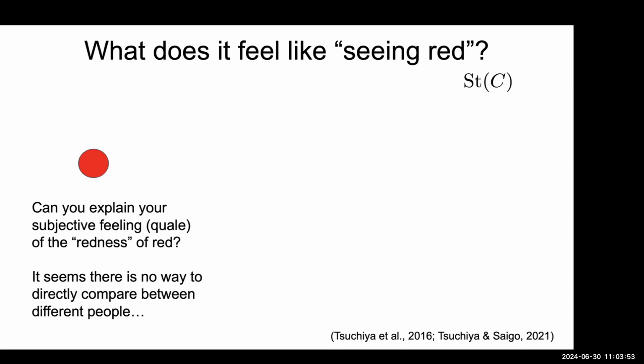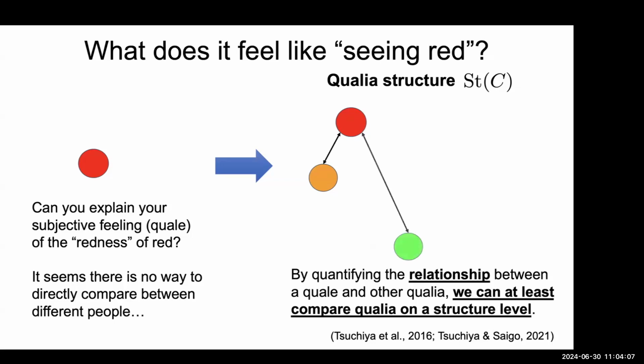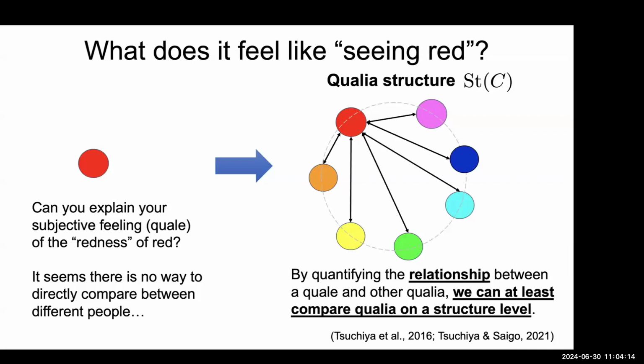But as I mentioned, we are taking a structural approach. We can at least quantify the relationship between a quale and other Qualia, like how similar red and orange are, and how similar red and green are, and so on. Then we can make a structure of similarity relations, which we call the Qualia structure of colors.